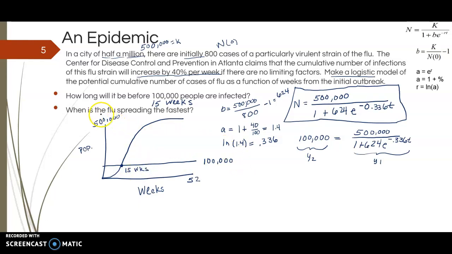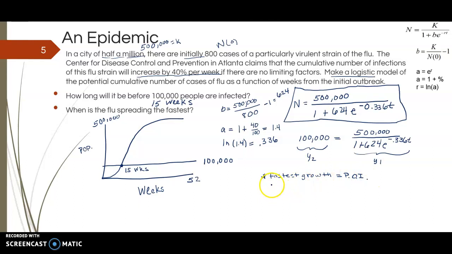All right, so the next one asks me, when is the flu spreading the fastest? The first thing that we have to do is make a connection, and that is that the fastest growth equals the point of inflection. We've been abbreviating point of inflection, POI.